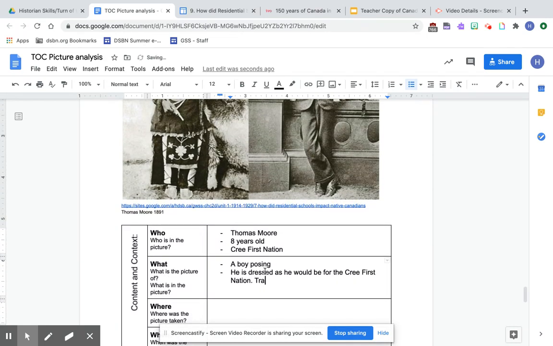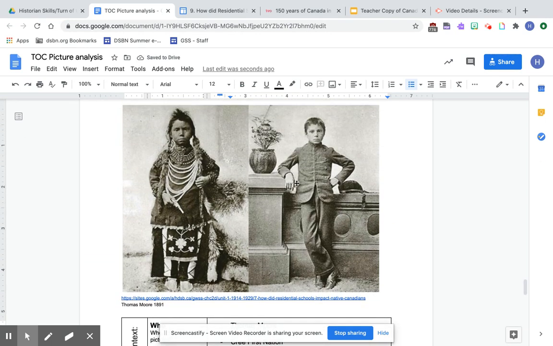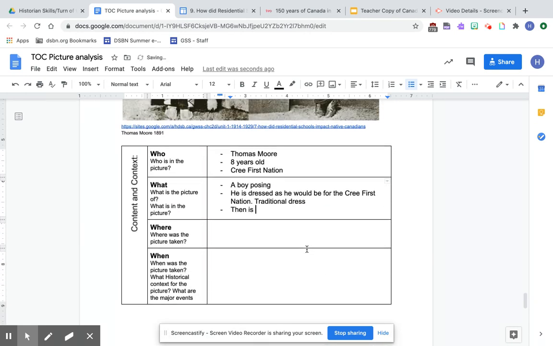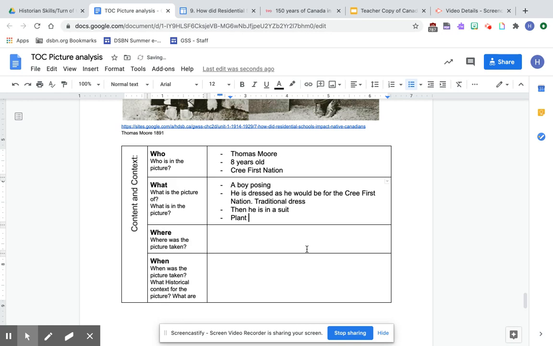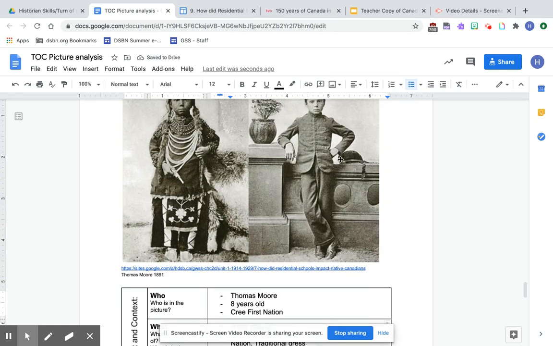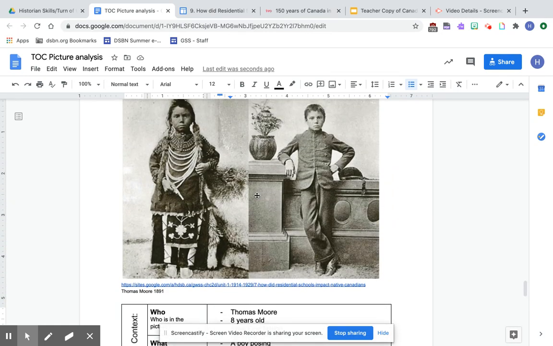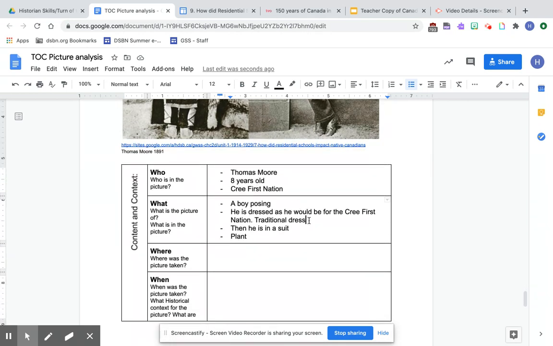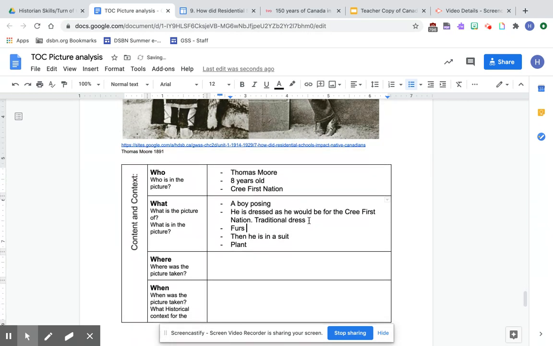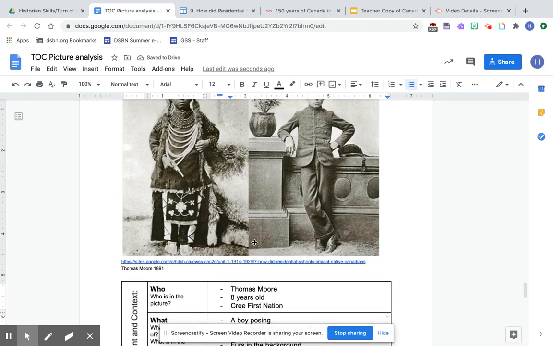Traditional, so I'll say traditional dress. And then we see him here in a suit. Then he is in a suit. We also see a plant, something that might be like a hat or a bag at the side there. In the one picture, we see a fur. Fur is in the background. Again, this is just observations of things that you see in the photo, okay?